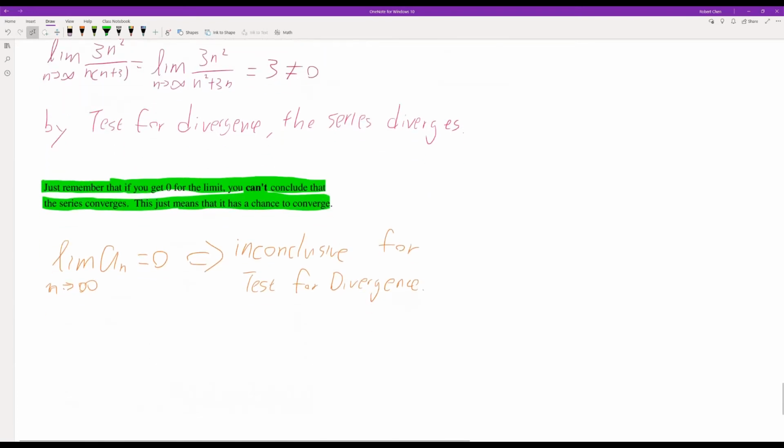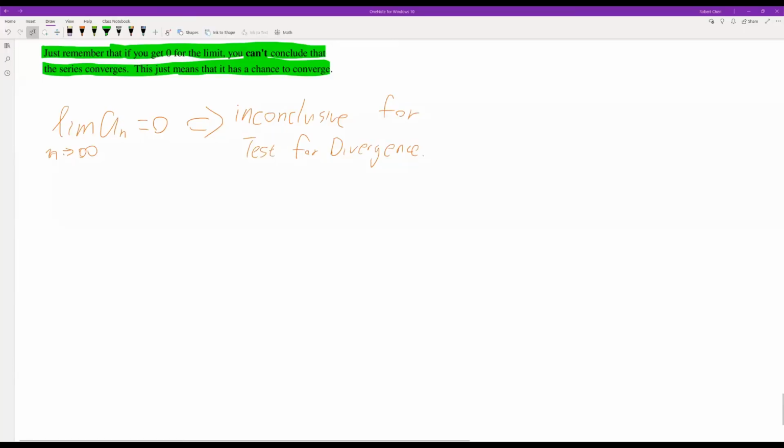And actually, let's look at one example where that happens. The one that we're talking about, 1 over n. This series actually diverges, but when you take the limit as n approaches infinity of an, that's equal to 0, right? So if it's 0, it's inconclusive.